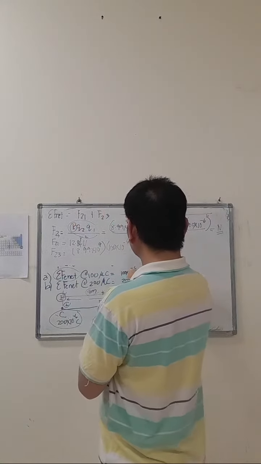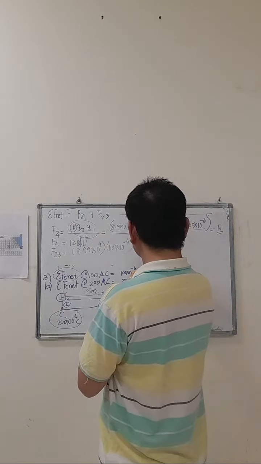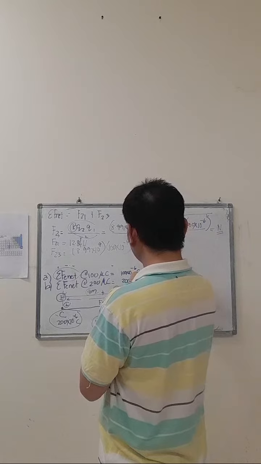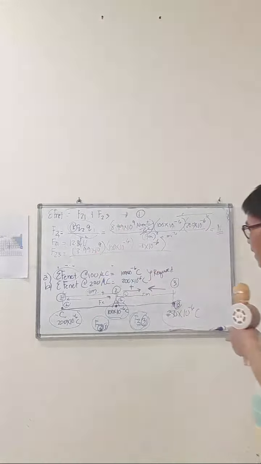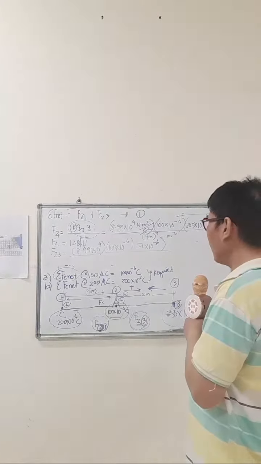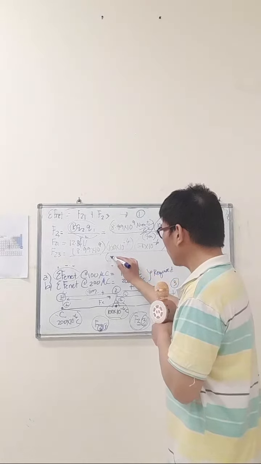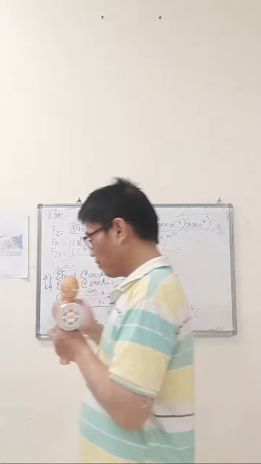Now we have Q3. How much? 50 times 10 to the negative 6, over distance again, because they put R instead of D. No problem. So R raised to the power 2, so 2 raised to the power 2. How much is this?